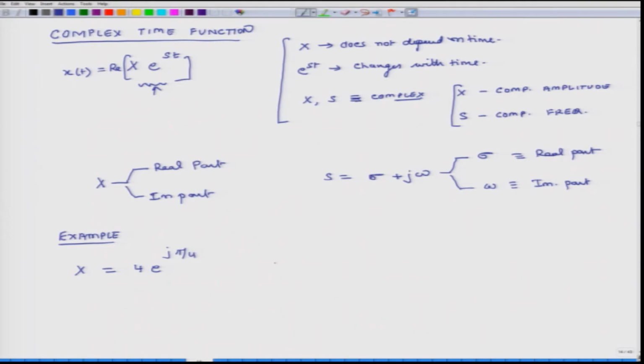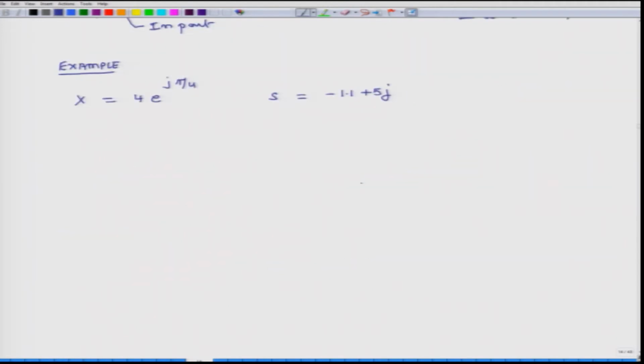And s, let us say, is minus 1.1 plus 5j. So, what is the overall signal? Let us say x represents pressure: capital X represents complex pressure, then small x represents actual pressure.